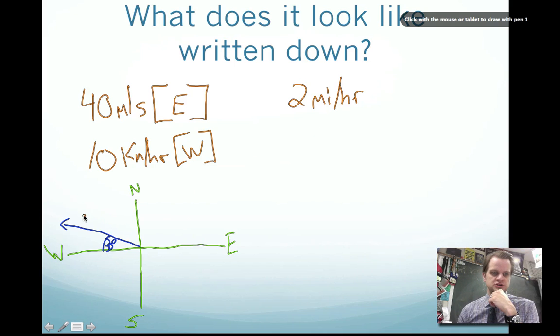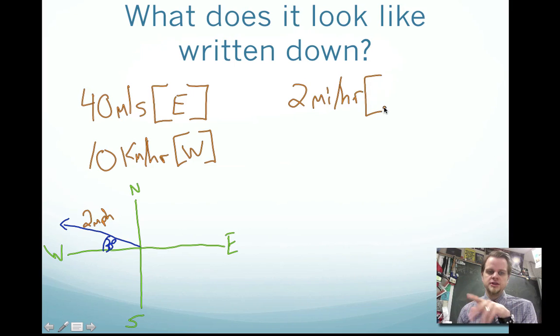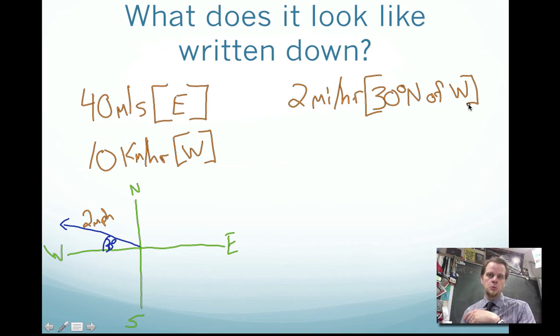Let's say this was 2 miles per hour. You could write that he's going 2 miles per hour, and then his direction would be 30 degrees north of west. Now, we're not going to get super into that. That's just a side note, just to take it a step further. So don't worry about it. You're not going to have to do this in conceptual physics.